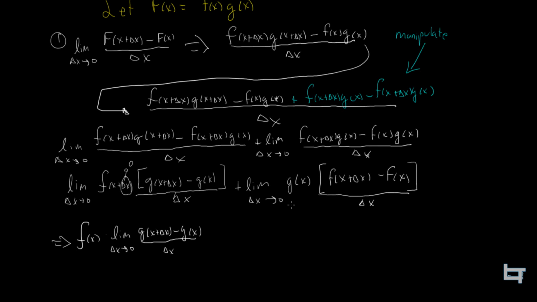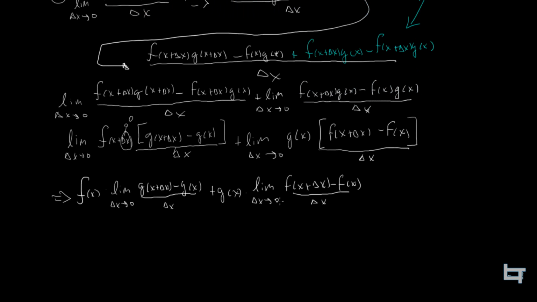We're going to do the same thing here by taking out this constant function, g of x, times the limit as delta x approaches 0, copying this over, all over delta x. Alright, so basically we're done.